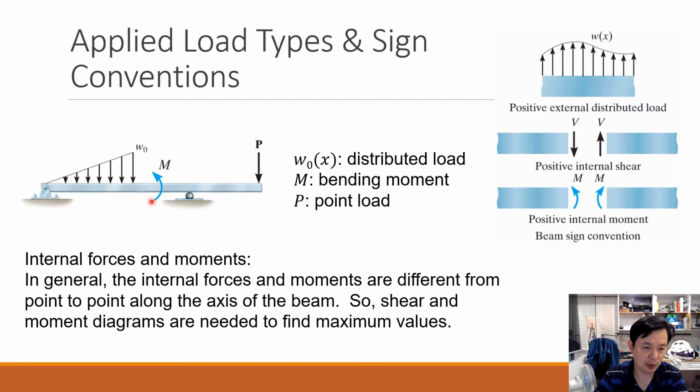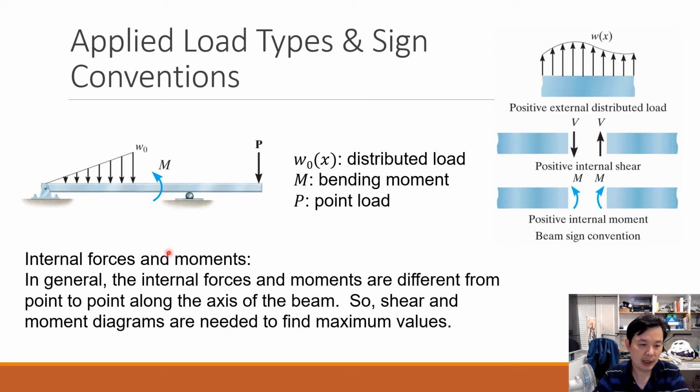Bending moment, we present this moment as this symbol, a counterclockwise arrow or clockwise arrow. For point load, it's just like an arrow pointing upward or downward. That is all the external applied load types for beam structure under bending and the following shear force chapter.